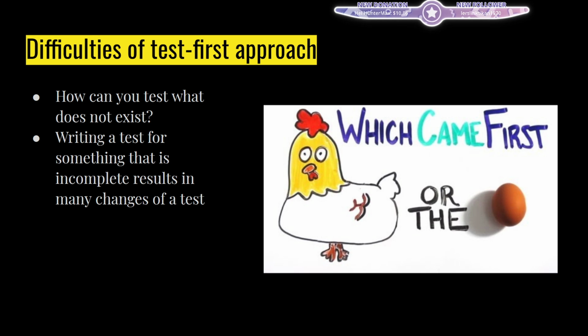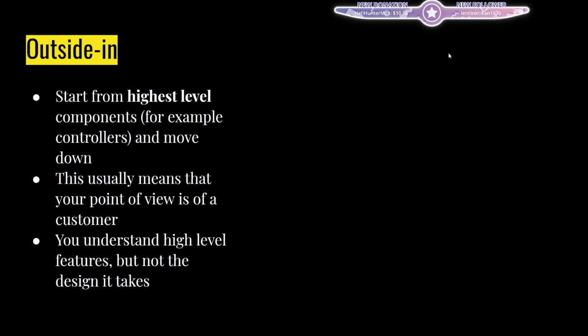In any case, if you're starting from zero or from a feature that doesn't exist, and you want to follow the test-first approach, you are going to write tests for code that does not yet exist. And at a system level, that's even more of a problem because you're going to integrate code that doesn't exist in a system that sometimes might not exist as well. And these are the problems.